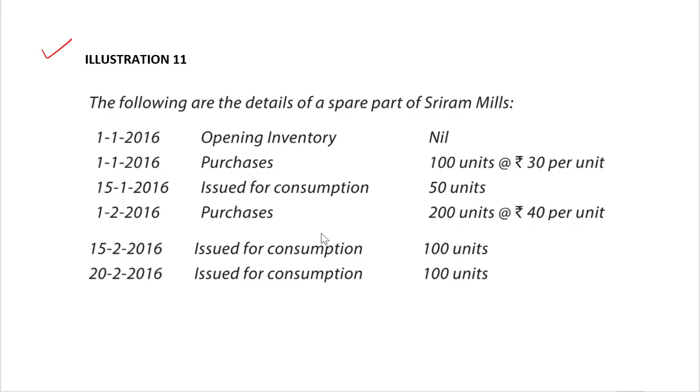The following are the details of spare parts of Shriram Mills. 1st January 2016, the opening inventory is nil. 1st January 2016, there is a purchase of 100 units at 30 per unit. 15th January 2016, issue for consumption is 50 units. 1st February 2016, purchases is 200 units at 40 per unit. 15th February 2016, issues for consumption is 100 units, and 20th February 2016, issues for consumption is 100 units.